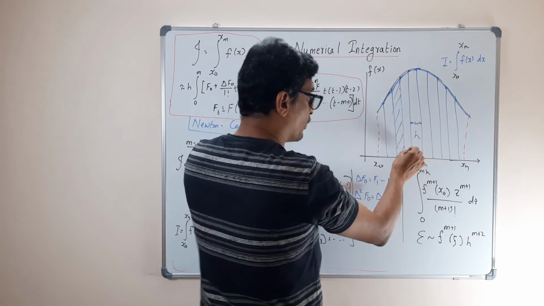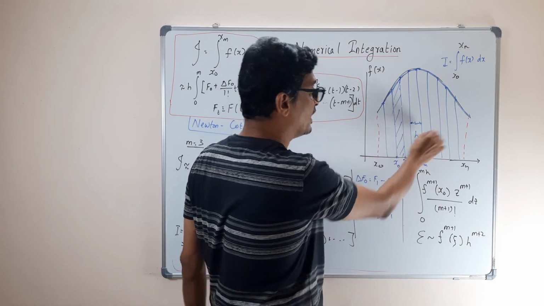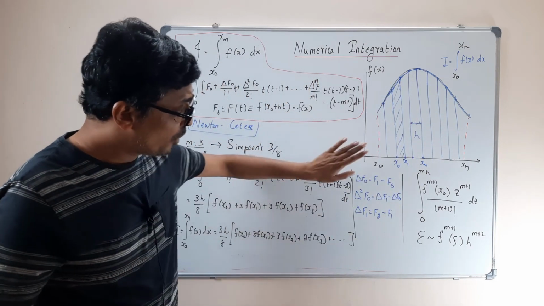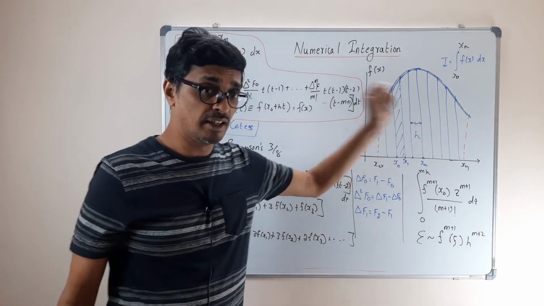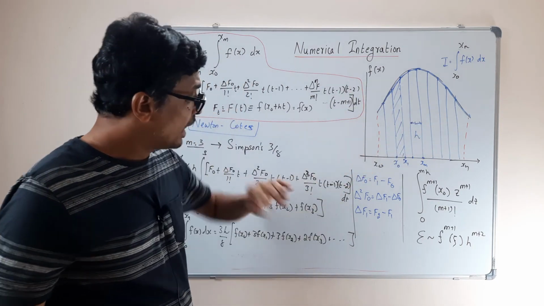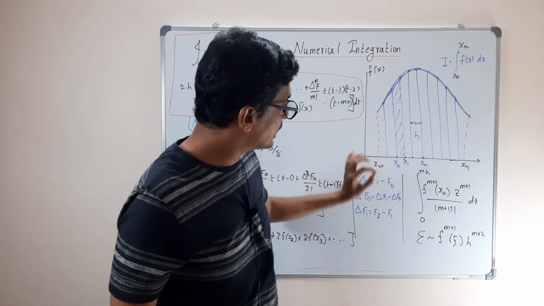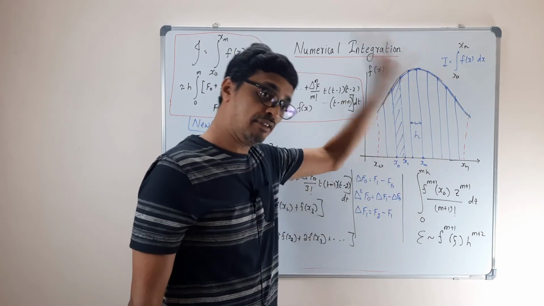The h has to be defined, meaning how many intervals I will use, and I am going to make them evenly spaced. Now if I ask you a question: I am not going to make the intervals evenly spaced. Rather, I will find the value of the function at certain x values which are not evenly spaced. They will be unevenly spaced.